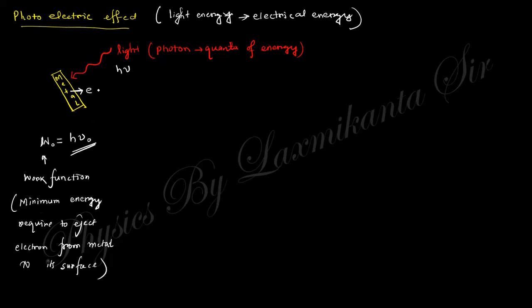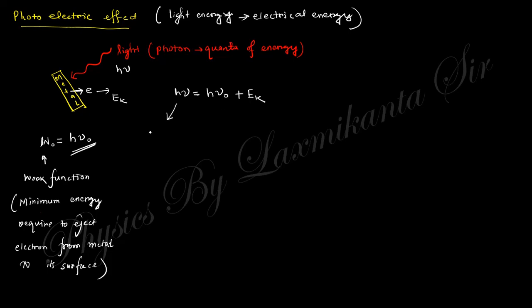Above this, the excess energy appears as kinetic energy. So the total equation will be like this: h nu, which is the incident energy, equals h nu naught, which is required to eject the electron from this metal to its surface, plus Ek, the kinetic energy of this electron.